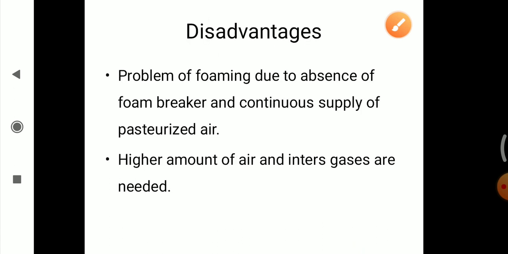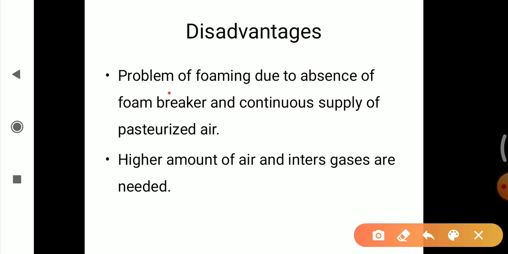Now we will see the disadvantages of the airlift bioreactor. There is a problem of foaming due to the absence of a foam breaker, so there is a chance of foaming. High amounts of air and inert gases are needed because the entire nutrient and microorganisms are lifted from one place to another inside the vessel.